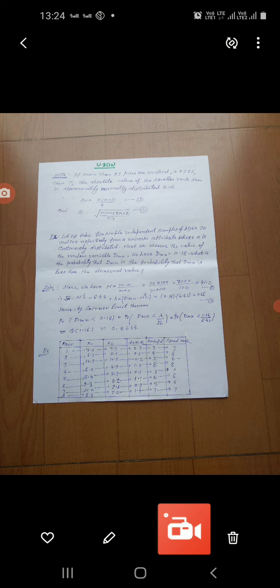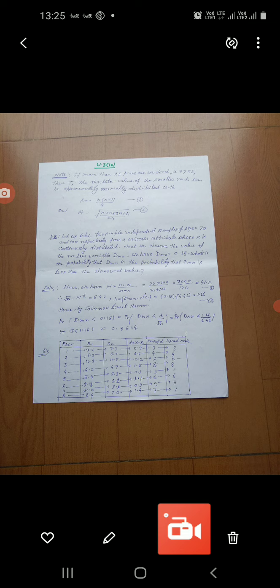Similarly, 0.2 has rank 2, 0.3 has rank 3, 0.6 has rank 4, 0.9 has rank 5, 1.1 has rank 6, 1.4 has rank 7, and 1.5 has rank 8.